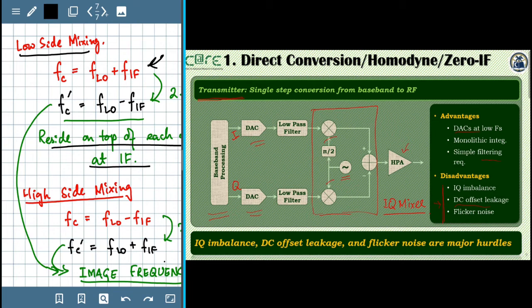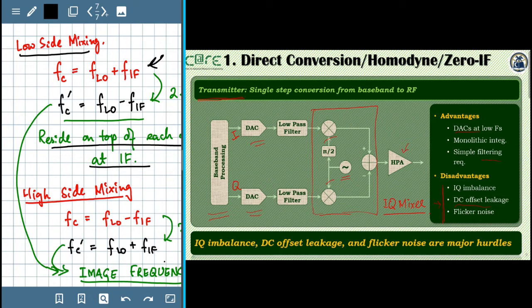Flicker noise is a noise in CMOS technology which is proportional to the reciprocal of frequency. It is not white noise, so it has a power spectral density which is higher at lower signal frequencies, and it becomes negligible and buries under the noise floor, otherwise the AWGN noise floor, at higher carrier frequencies.